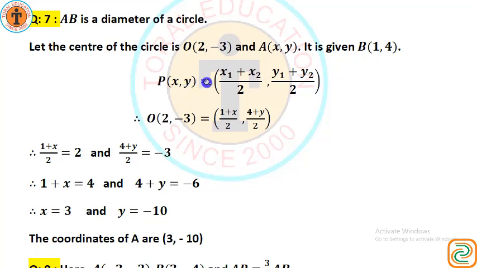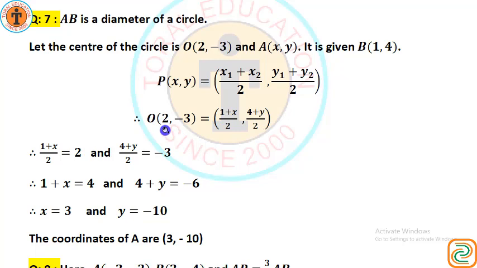So P(x, y) equals (x1 plus x2) by 2 and (y1 plus y2) by 2, because P divides the line segment AB, AB is the diameter, into two equal parts. Here P means O. O(2, -3) equals ((1 plus x) by 2, (4 plus y) by 2).